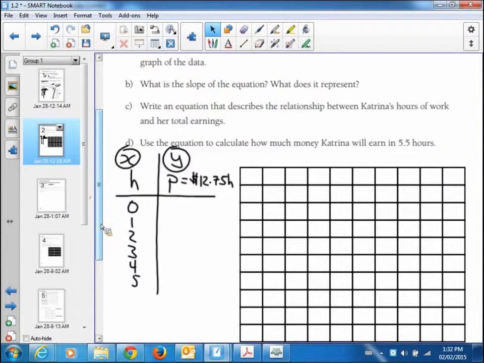I'm just trying to, oh, there it is. Oh, right, you have my pencil. That's why I can't find it.